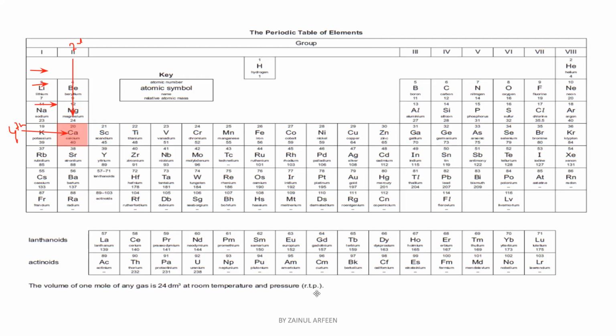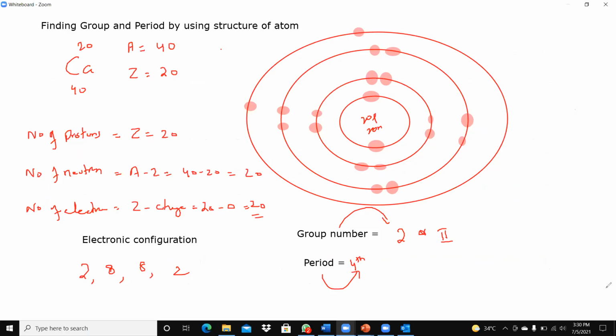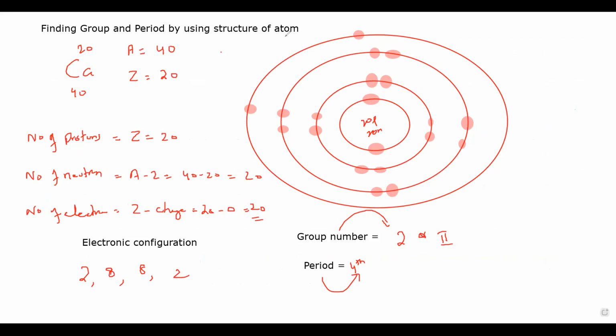But there is one exception here when we are working out the group, and that is helium. For helium, as we already did in the last session, the structure was 2 and 4. So A was 4 and Z is equal to 2.